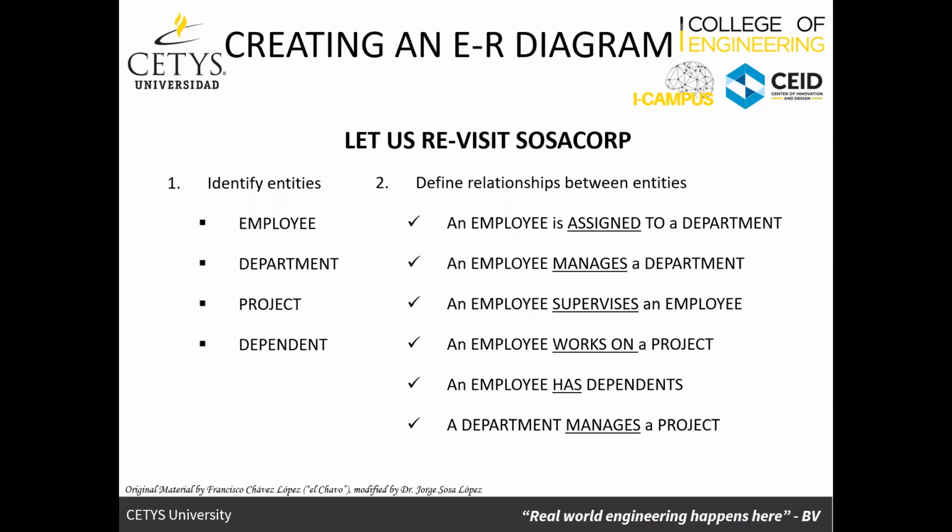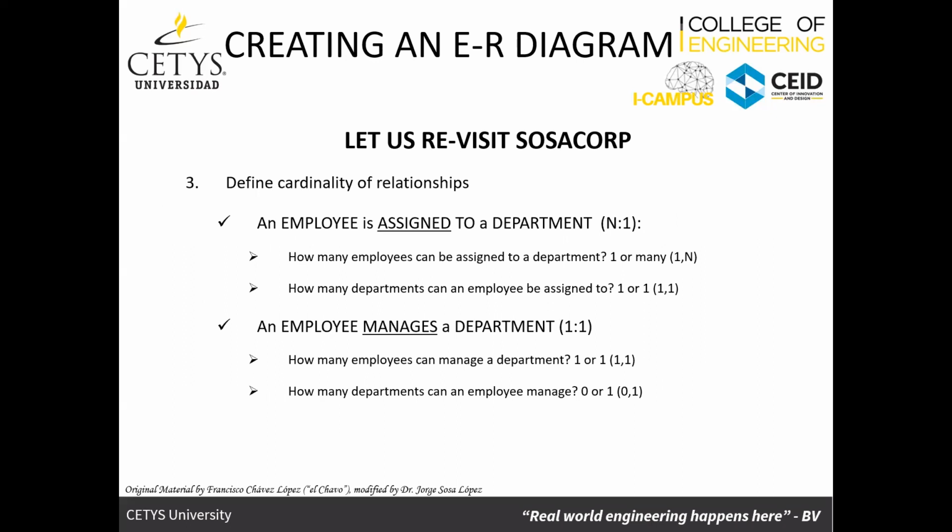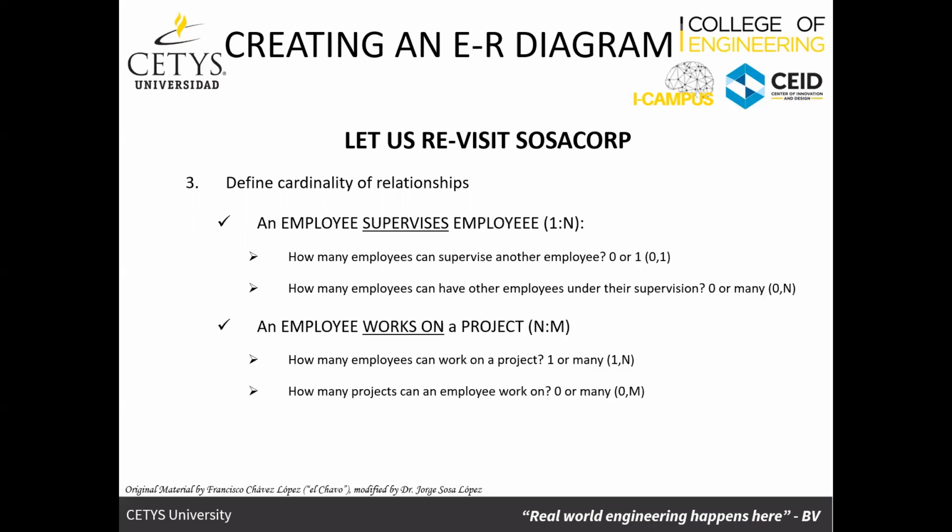Then from there, we identify the entities and the relationships. For this problem, we only have 4 entities. We identify 6 relationships there. And from the relationships, we identify the cardinality. So we have the different cardinalities for each of the situations.